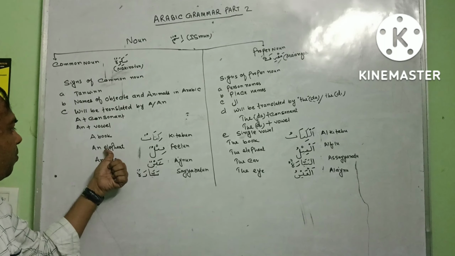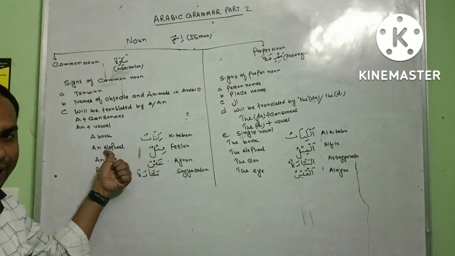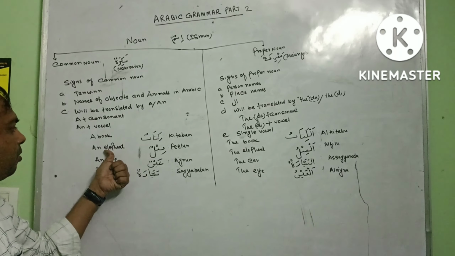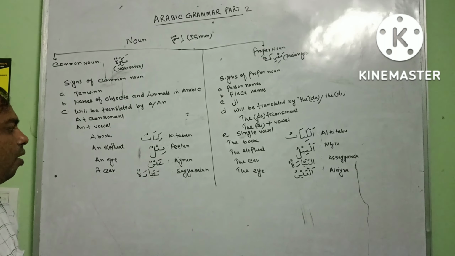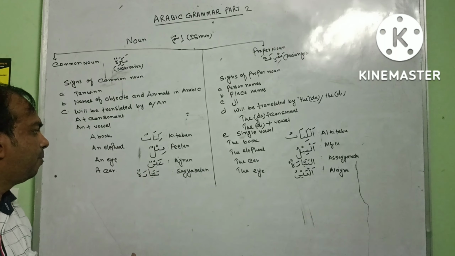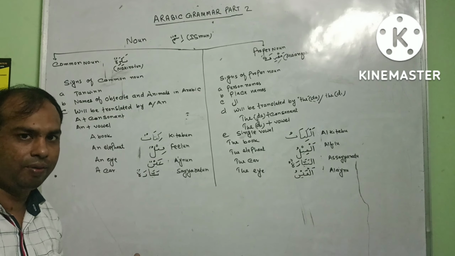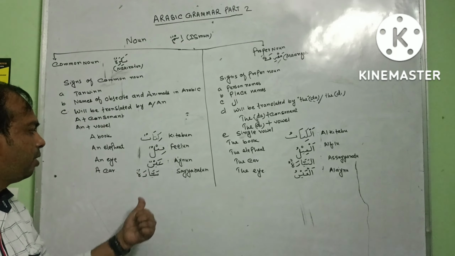Because this word is starting with a vowel, that's why we are translating it as an elephant. Filun is a common noun. Why? Because lam, the last letter, ends with tanwin, with double damma. That's why it's a common noun.